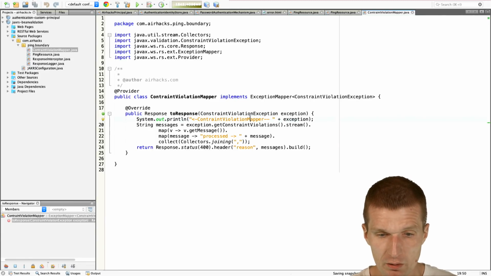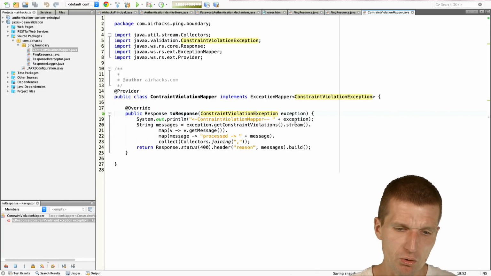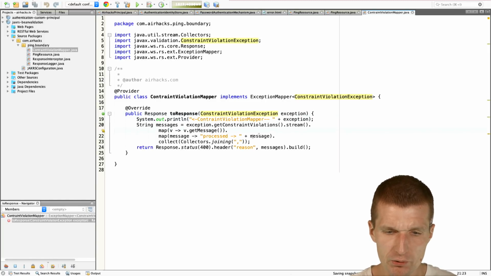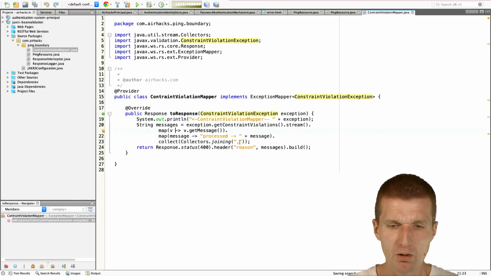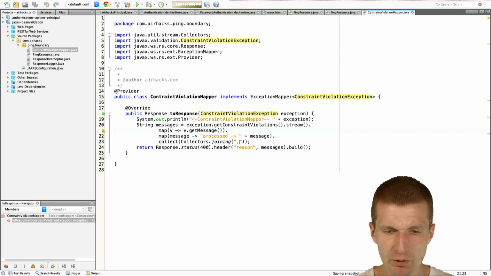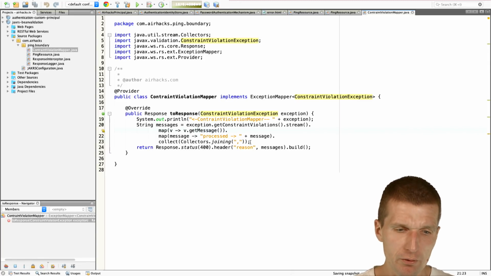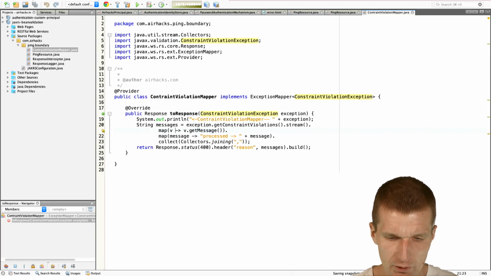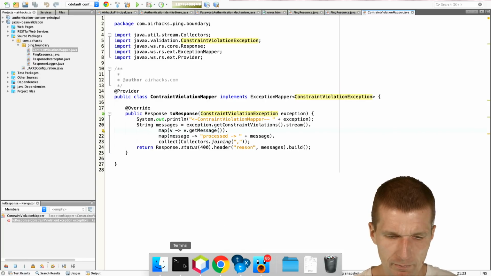And what I do here is I get the exception, I get all the constraint violations, I construct a stream, and then I map the message to a processed message, and I join with comma. So this is what I do here with the reason, and I can even enrich further, if you take a look at the output.